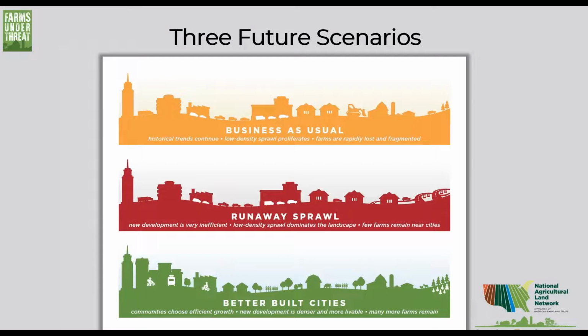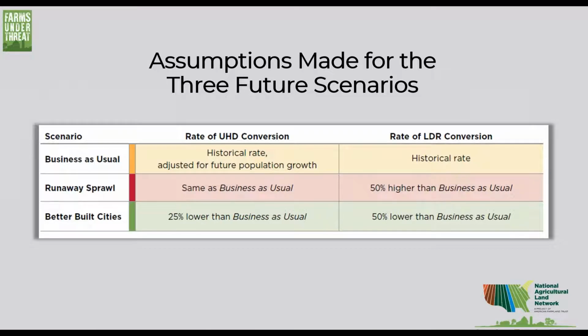So a quick look at the assumptions that went into these three scenarios. For business as usual, again, we used that historic rate, that rate from 2001 to 2016. We adjusted it for population growth, but we only did that in the urban and highly developed land. That's because there's a strong correlation between population growth and urban and highly developed land.